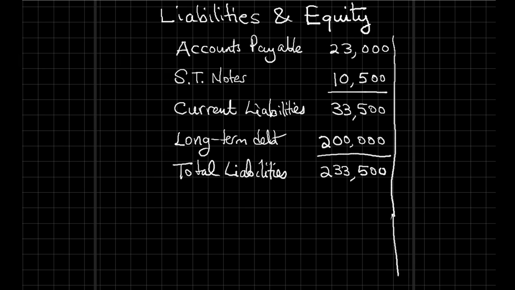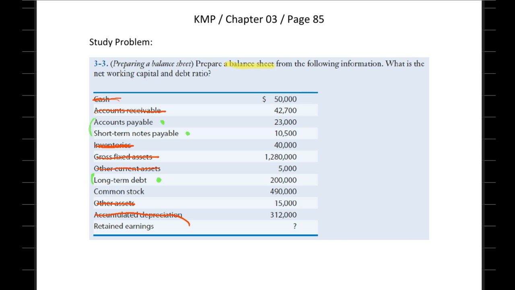Let's go back to the givens, and so we still need to figure out the equity portion. The equity items look like they are only common stock and retained earnings, and I don't see any other item here. However, even though we know the common stock total, we are not aware of retained earnings.